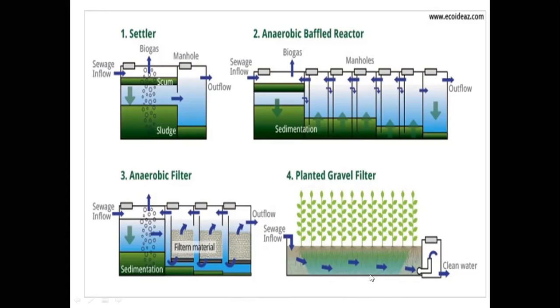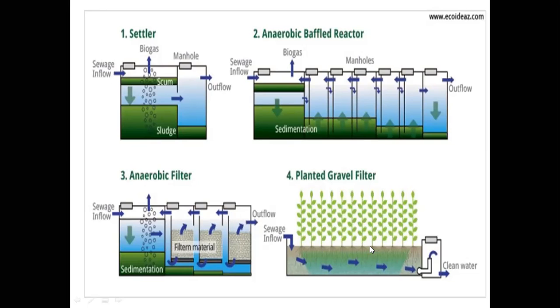And then you can simply send it to a nearby water body. These are the plants. Whenever you feel that the plant has fully grown and its capacity is getting exhausted, you need to cut down that plant, and then you can simply dump the cut plants in a nearby area.